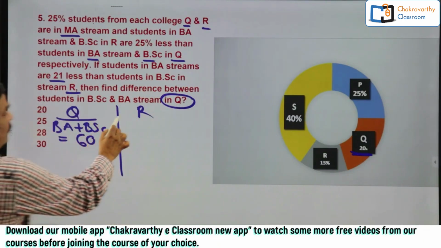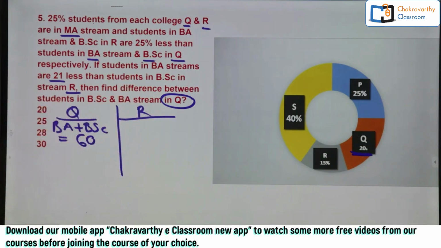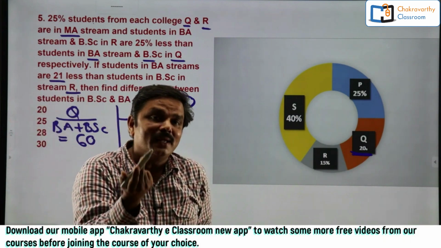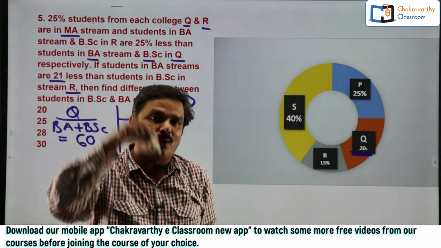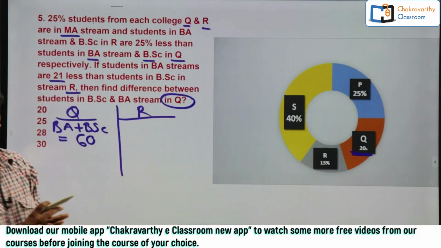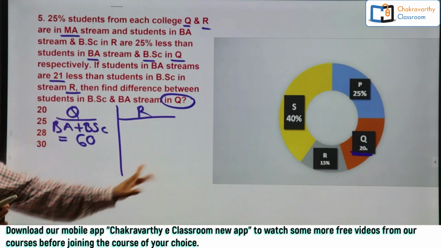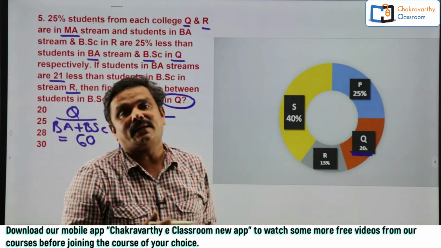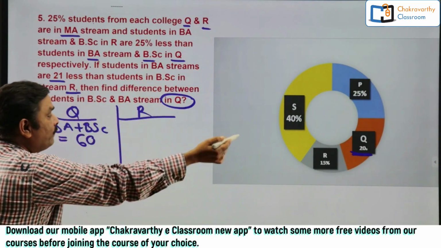Similarly, you do that for R as well. For R also, 25% are from MA. That means the remaining 75%, 3/4, are from BA and BSc. So for R here it is 15% only. Now from this 15% you need to take 3/4. What is 3/4 of 15%?